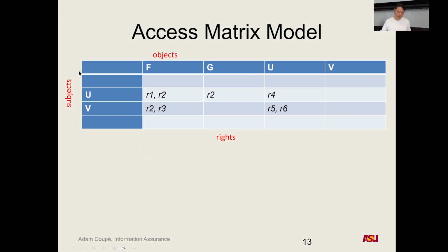Vertically, the subjects U and V are the subjects, and the objects F, G, U, V are the targets. In the cells, we can see R1, R2, the rights, maybe read, write, and delete. So what is the benefit of this matrix? It gives us a visualization of the status of the access control, right?